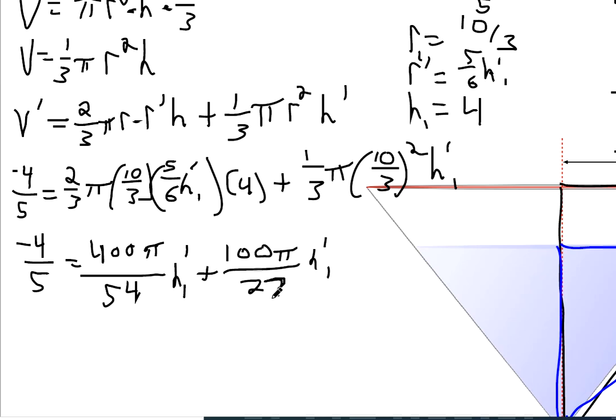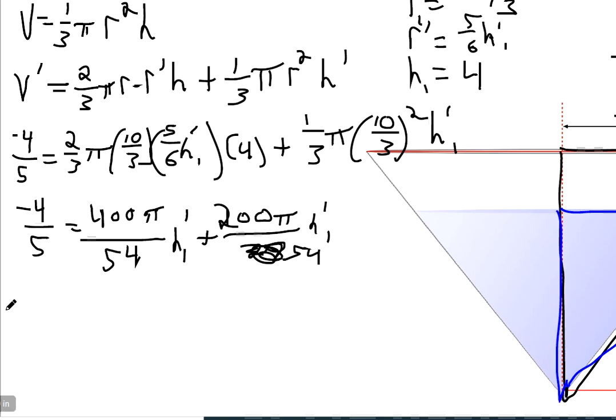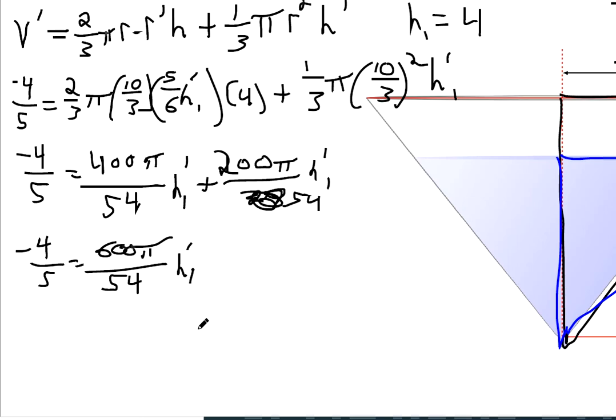Those are like terms, so we just need common denominators. So that makes 600 pi over 54 h sub 1 prime. We just need to multiply by the reciprocal to finish getting our answer.